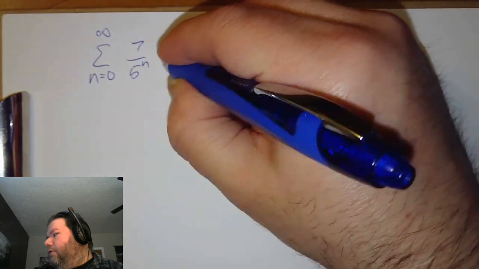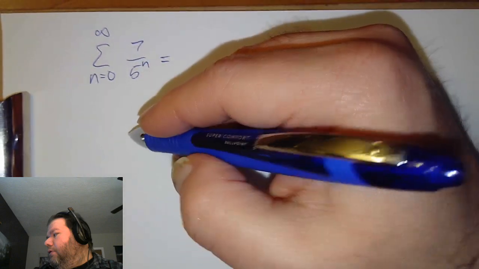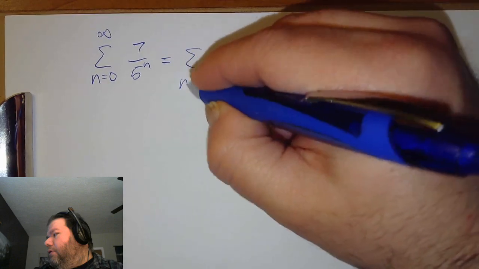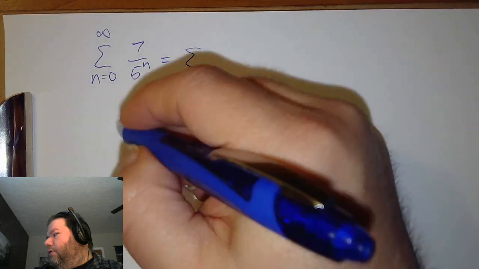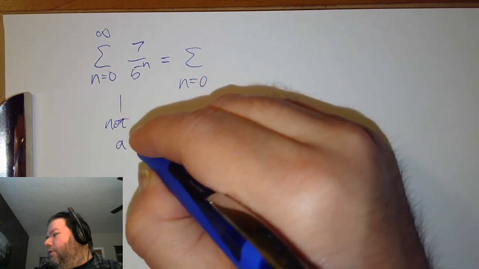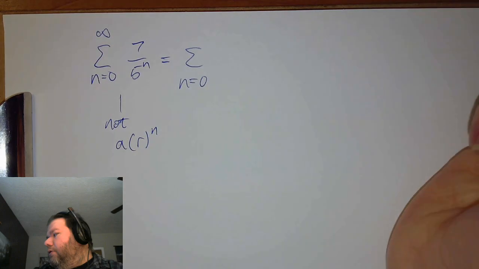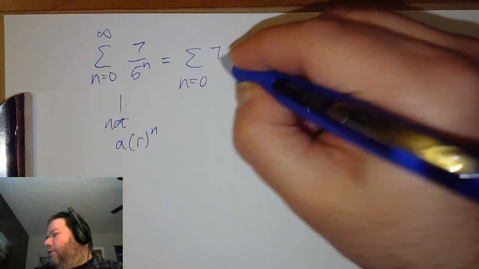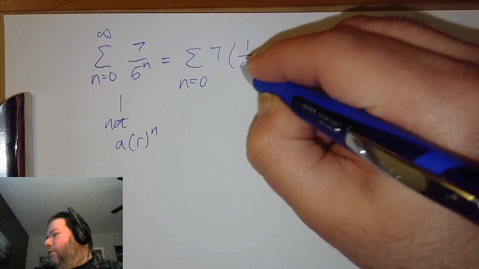Now you might say, well, it's 5 to the n in the denominator. How is that geometric? Well, let's think about it like this. It doesn't really fit our pattern of a times r to the n. Okay, it doesn't really fit that right now. So we factor the 7 out, so we have 1 over 5 to the n.